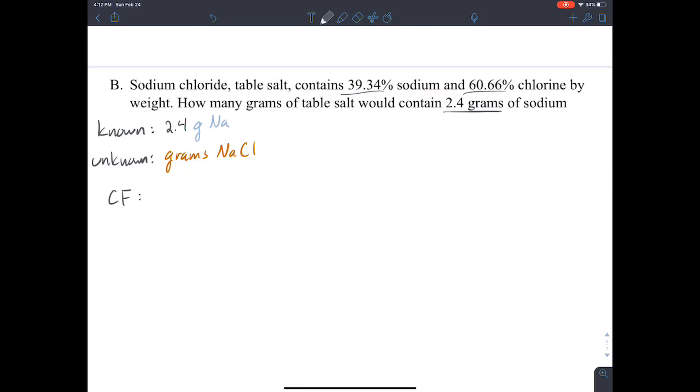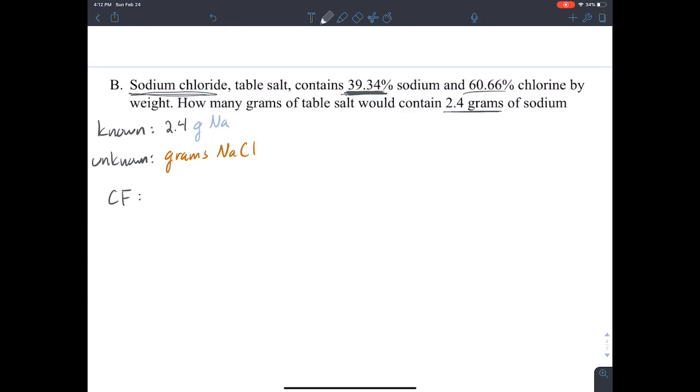So we're trying to figure out, we need some way to relate grams of sodium chloride to grams of just sodium. Now up here in the first sentence, we're told that sodium chloride contains 39.37% sodium by weight. Okay, so if you just break it down into the weights, you have 39.34% sodium.